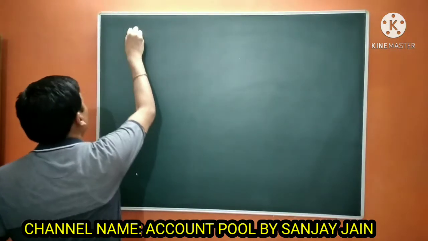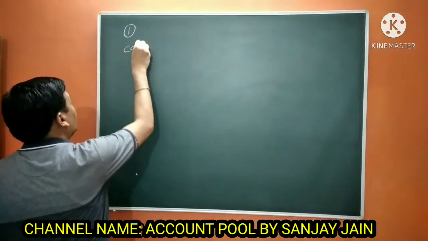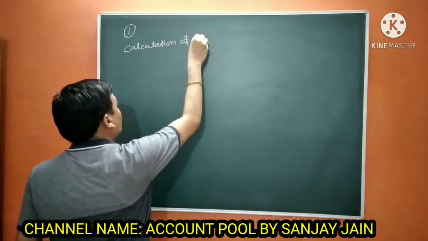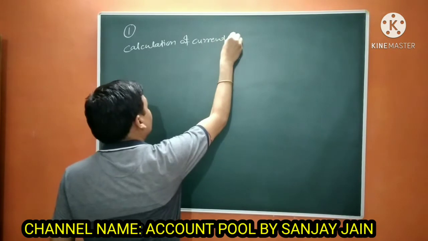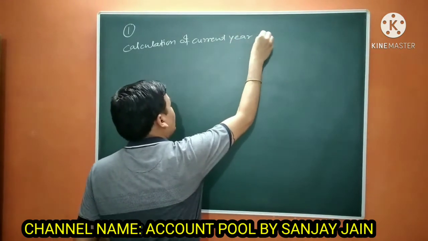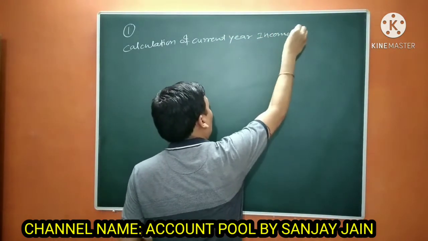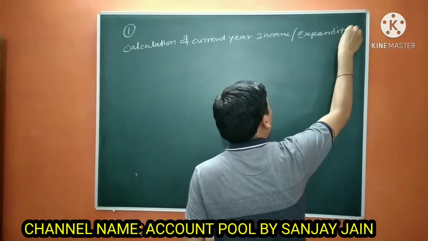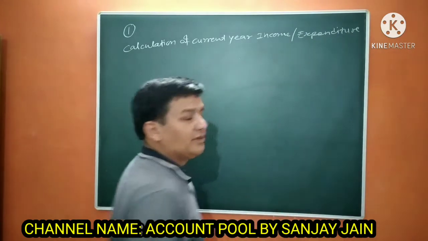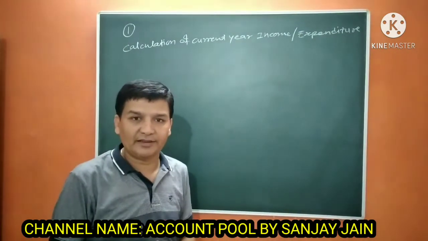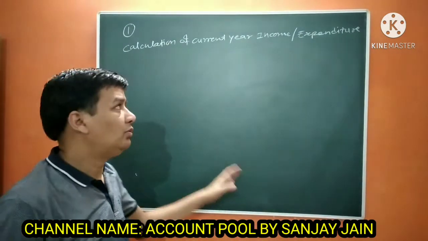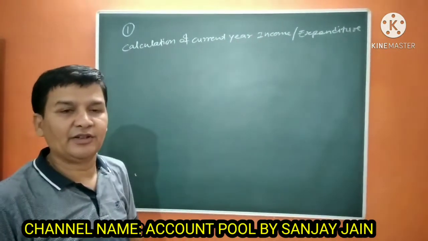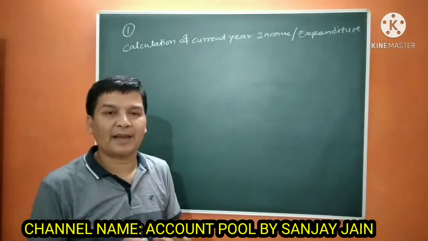The first concept is calculation of current year income or expenditure. Okay, the treatment of both income and expenditure is same. That's why, my dear friends, you should do for calculating current year income and expenditure, and there is no need to remember separately.